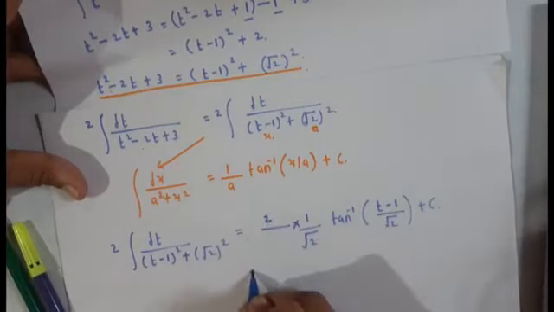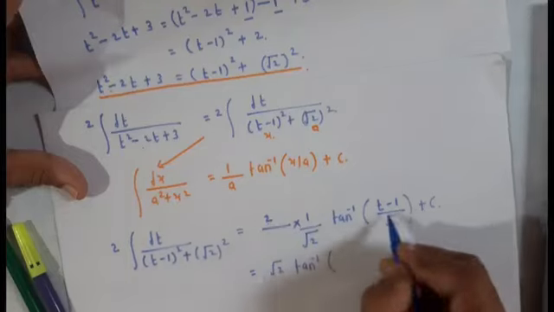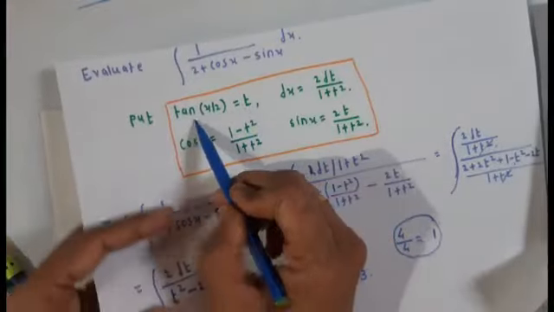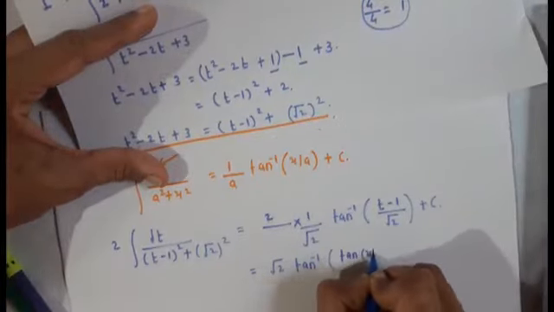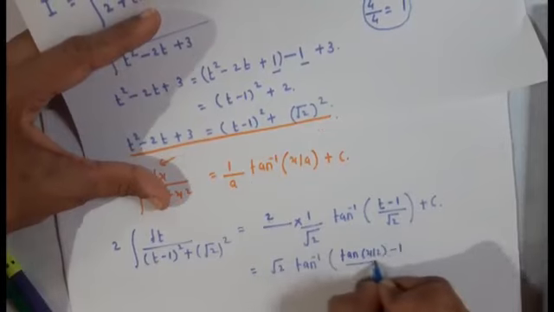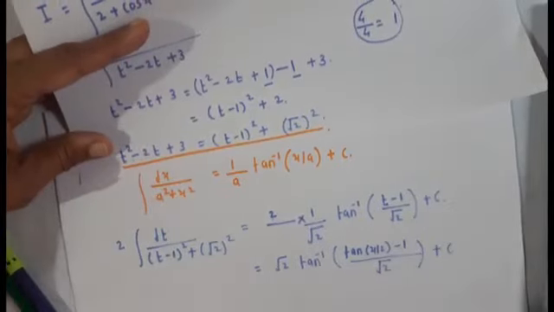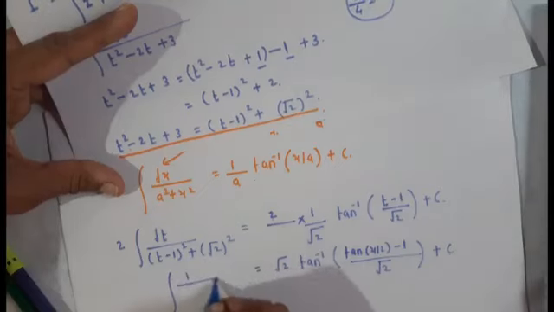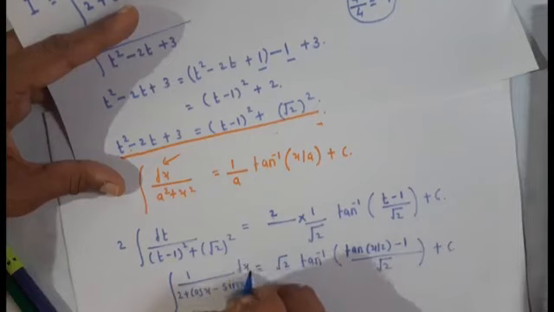So 2 upon root 2, this is equal to root 2, okay, into tan inverse of, students, resubstitute the value of t. What is the value of t? t is tan of x by 2, and this is tan inverse of tan of x by 2 minus 1 upon root 2 plus constant of integration c, and this is the integration of 1 upon 2 plus cos x minus sin x with respect to x.